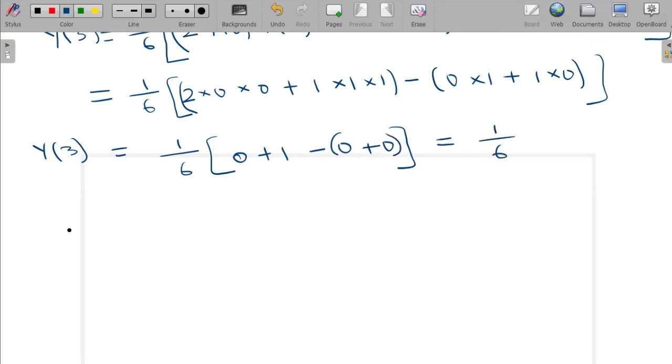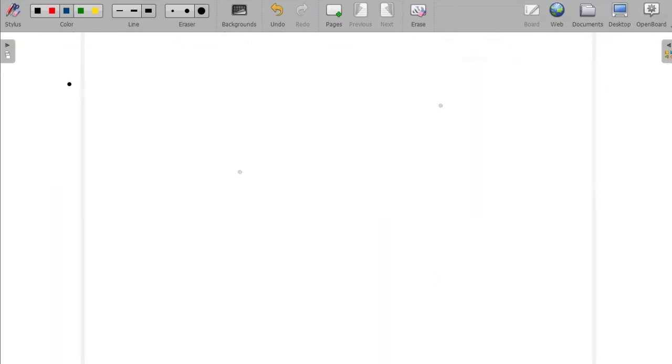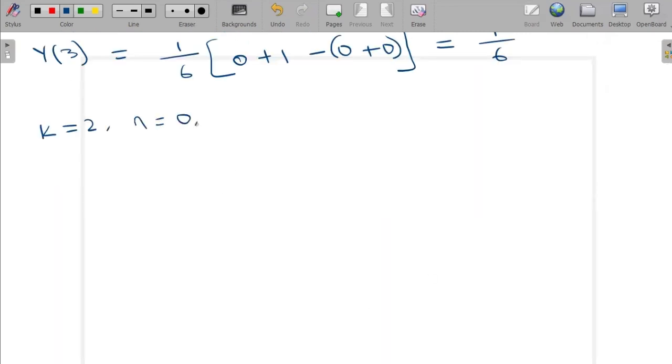So briefly, we want to look at when k is 2. Our n will be from 0, 1, 2. So when k is 2, we have y of 4 equal to 1 over 12 into, so introducing the values of k and of n.